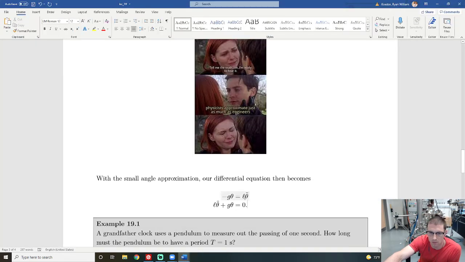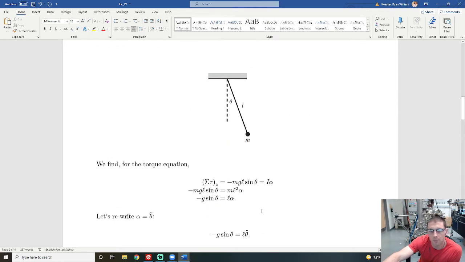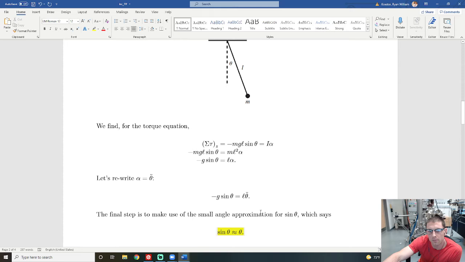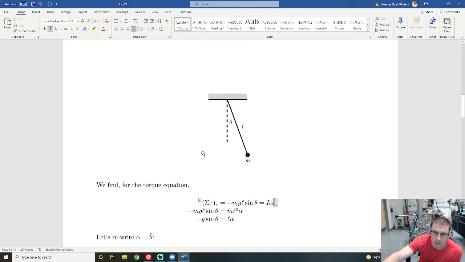Now let's come back to this differential equation and talk about why I had to put the negative sign on one side but not on the other. The reason is that this alpha is a function of time, and we need it to be able to assume negative values, because this thing is going to swing back and forth.